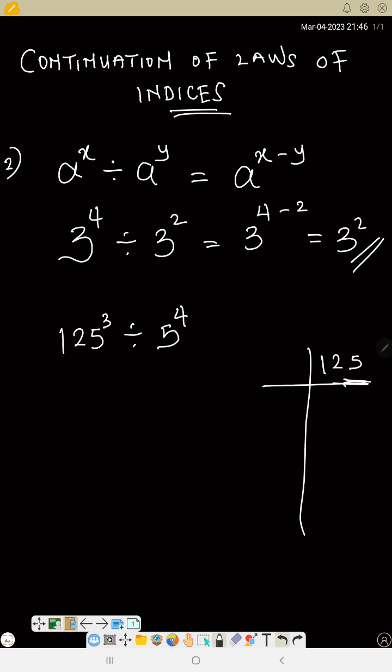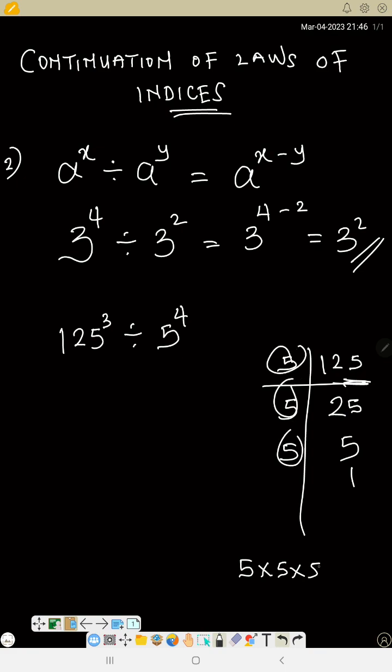The lowest number that can go here without remainder is 5. 5 in 125 is 25. 5 again, 5 in 25, 5. 5 again, 1. So that means 125 is 5 times 5 times 5, so that is 5 raised to power 3.